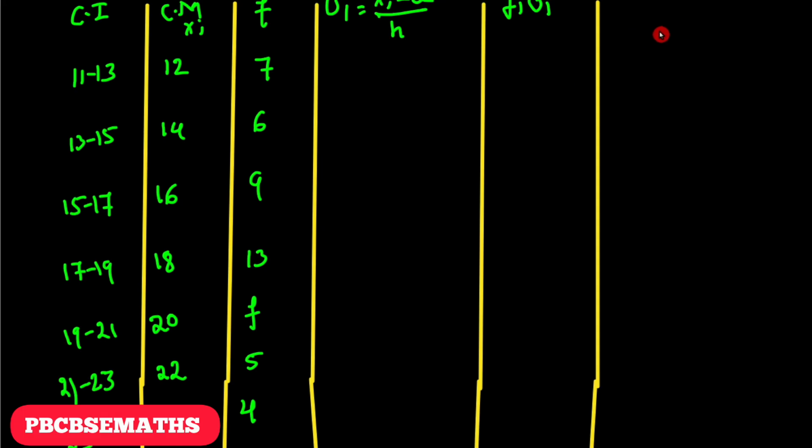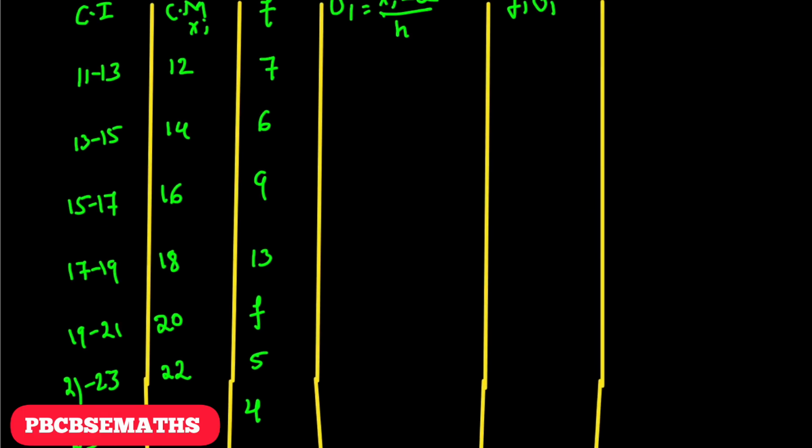For instance, let's take the value of a as 16 and let's calculate h now. h is the difference between the upper limit and lower limit. Here we have to take any one class interval. Let's take this class interval 13 to 15. Here the upper limit is 15 minus the lower limit 13. So 15 minus 13 gives us 2. So the h value is 2 here.